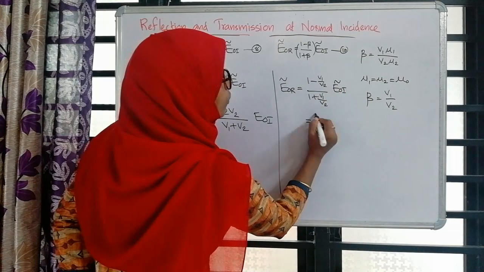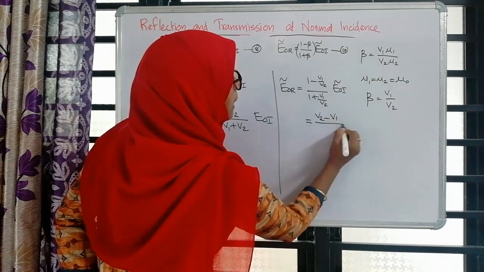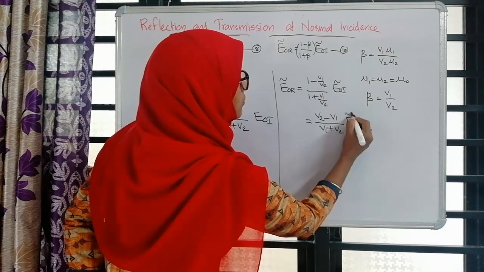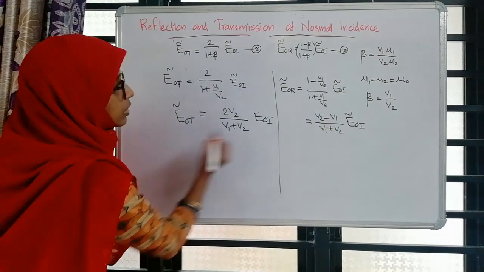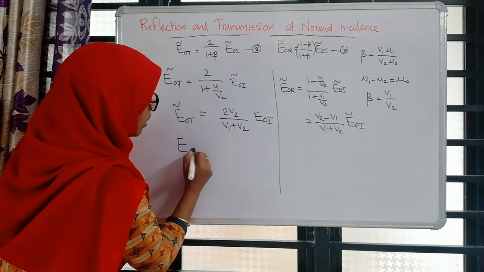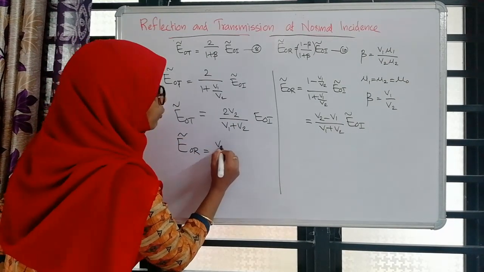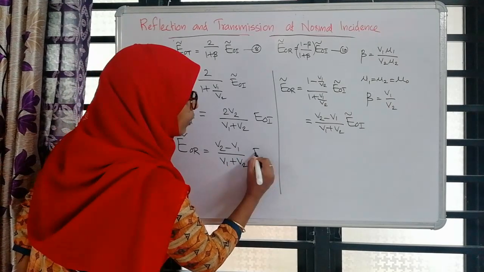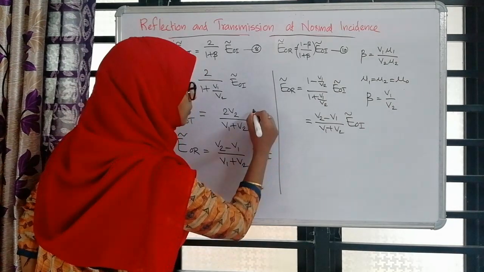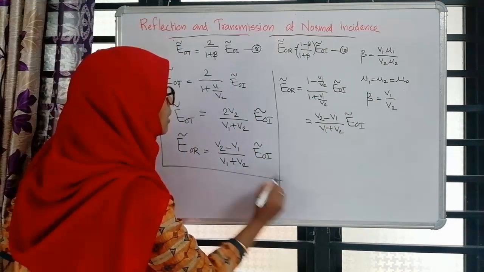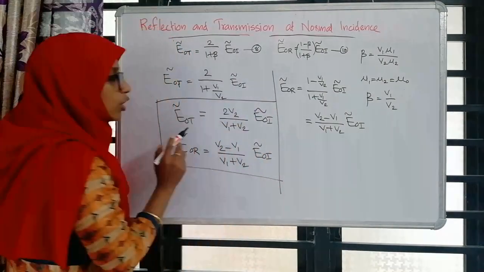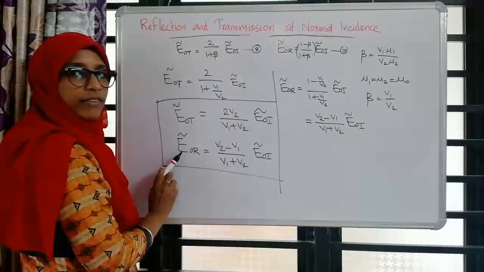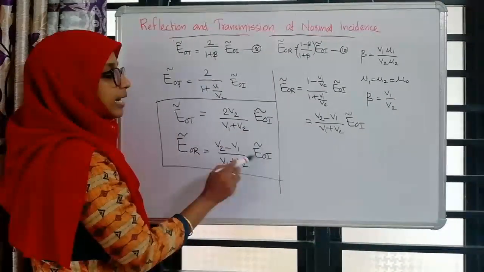That will be equal to (V2 minus V1) by (V1 plus V2) E0I. So, together these equations, E0R is equal to (V2 minus V1) by (V1 plus V2) E0I. These are the relations to represent the complex amplitudes of the transmitted and reflected electric field vectors in terms of the incident vector.